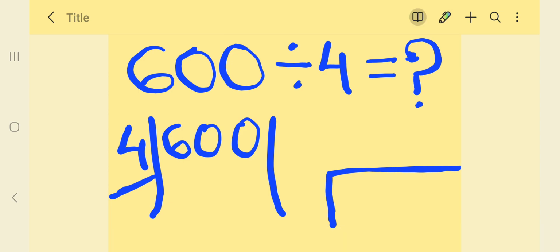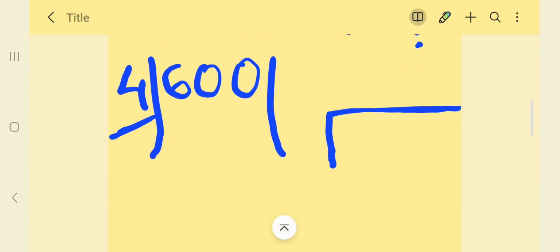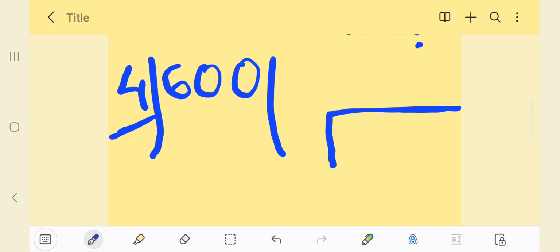Okay, here we have this 4, and we need to divide the leftmost side, which is 6 here. 6 is bigger than 4, so we can easily divide 6 by 4.